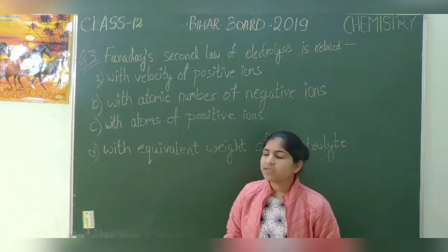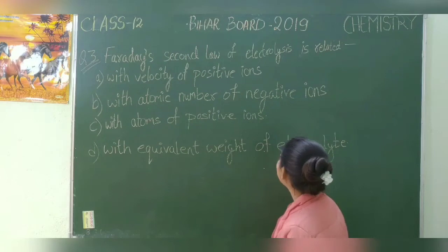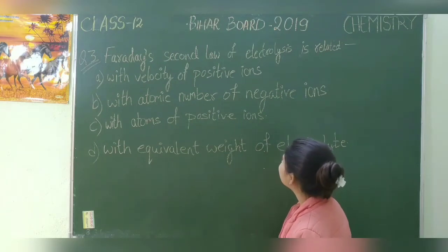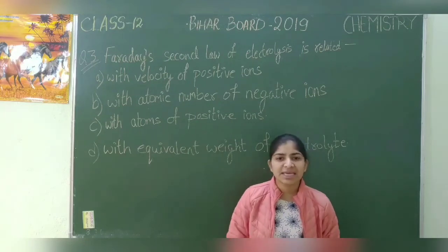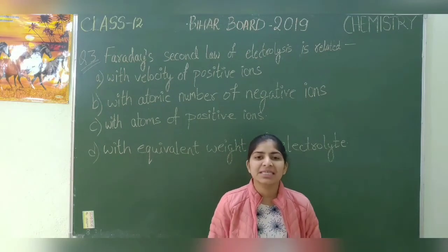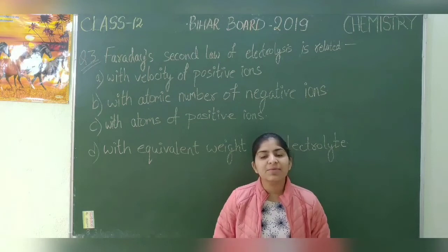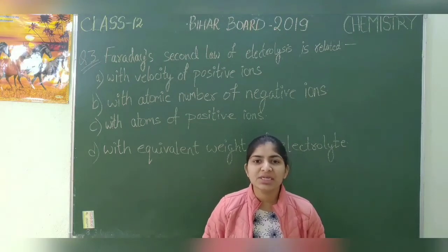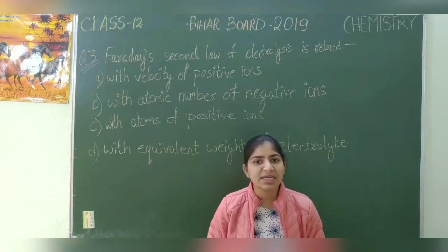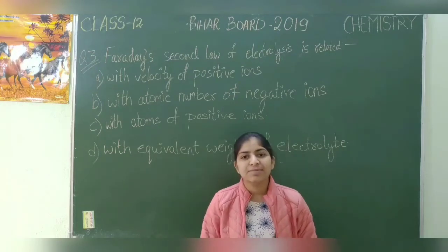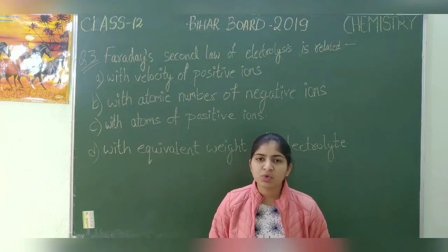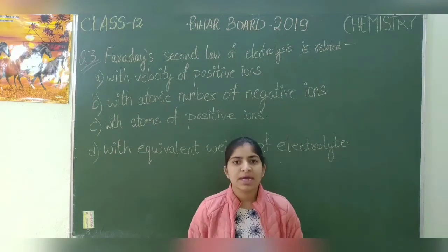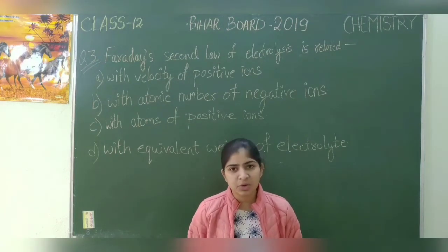Now come to next question, that is Faraday's second law of electrolysis is related. As we know that Faraday's second law of electrolysis states that when the same quantity of electricity is passed through several electrolytes, the mass of a substance deposited is proportional to their respective chemical equivalent or equivalent weight.